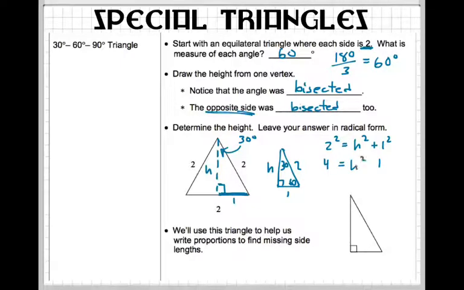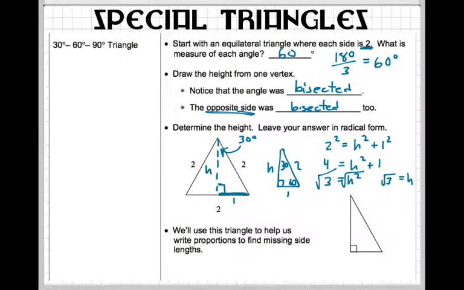So now we have h squared plus 1 equals 4. So we subtract 1 from both sides, and we get 3 equals h squared. To get rid of the squared, we have to square root both sides, and we get radical 3 equals h.